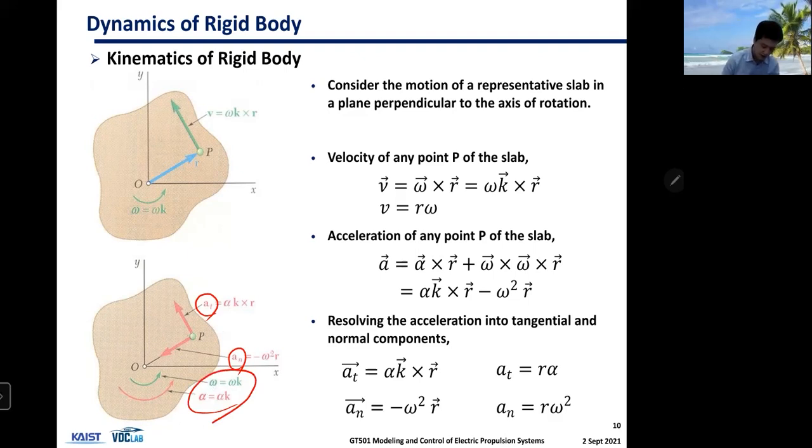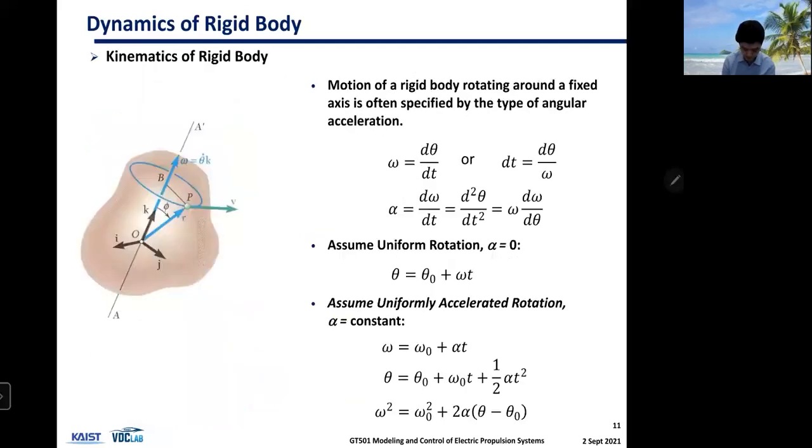These are kinematics of rigid body, coming from geometrical relationships, and it can be more complicated once you get into three-dimensional space. But again, we're not going to dive into that.